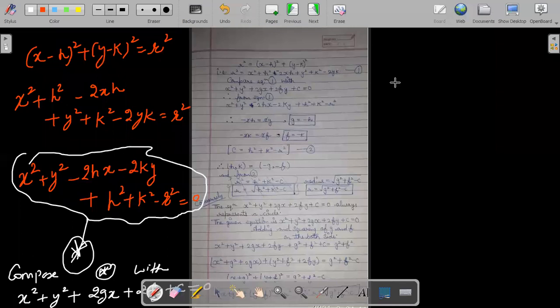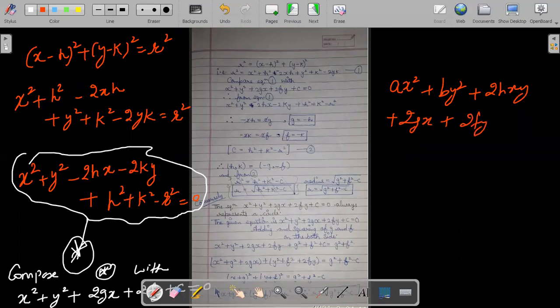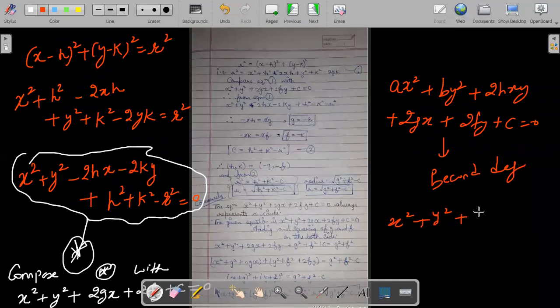So okay now. If you remember, your standard equation of second degree was ax square plus by square plus 2hxy plus 2gx plus 2fy plus c is equal to 0. Whose equation was this? Pair of straight lines in some case. So if you see, this is also an equation of second degree. And the one we wrote below, x square plus y square plus 2gx plus 2fy plus c is equal to 0, this is also an equation of second degree.